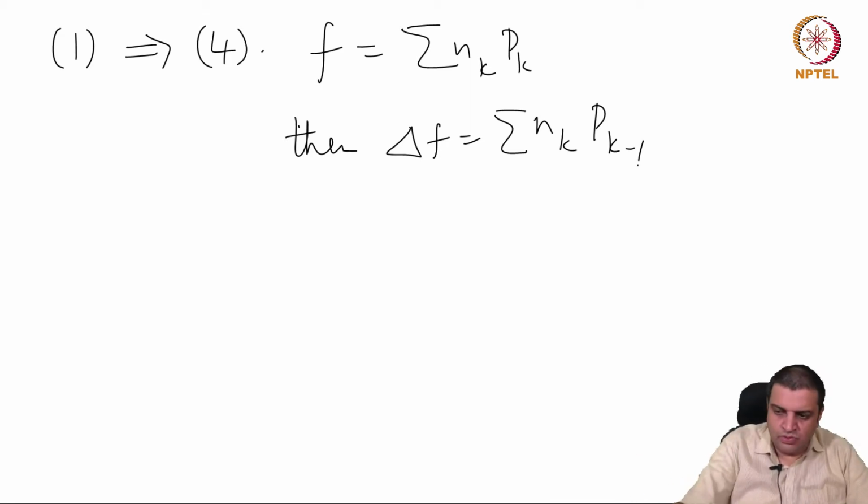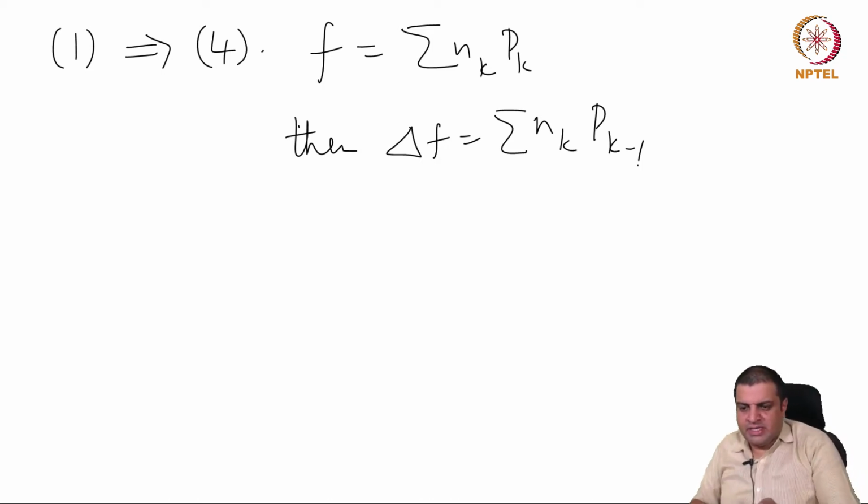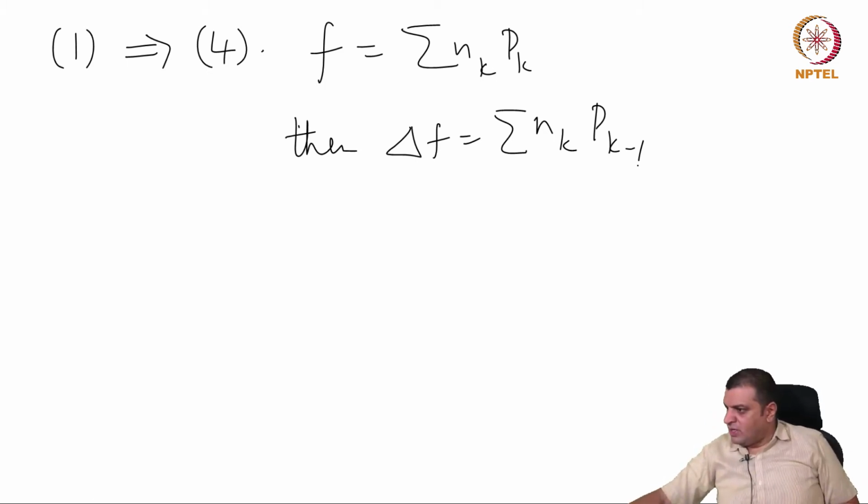So it is also true that Delta f satisfies 1, and f of course satisfies condition 2, so it also satisfies 4. Now let's prove that 4 implies 1.